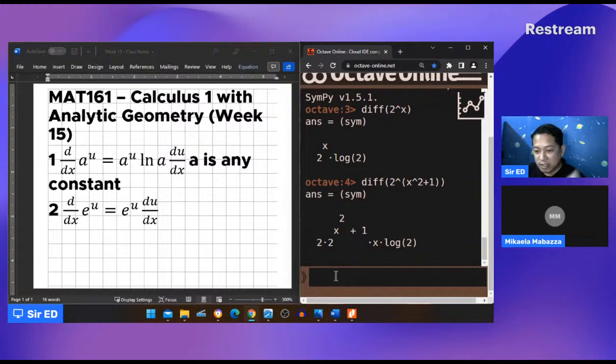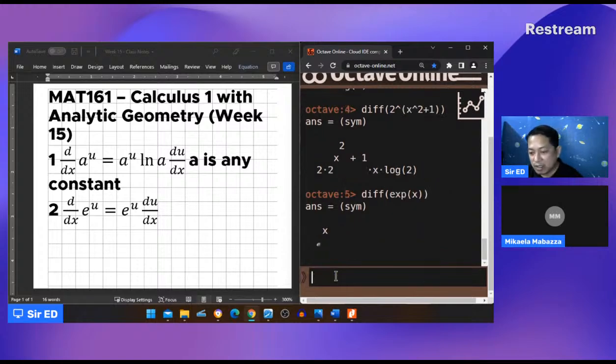Anyway, nandito na tayo sa exponential function. So here, diff, sa Octave or MATLAB, EXP. Pwede rin yung e raised to, no? Pero EXP siya at ang exponent niya, x. E raised to x. That's how you rewrite that in MATLAB or Octave.